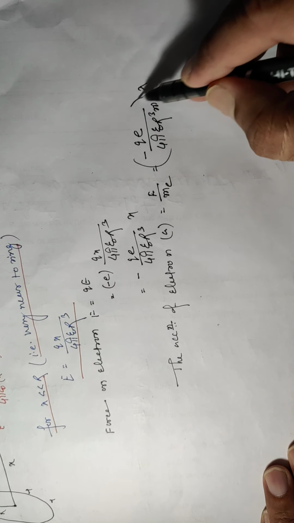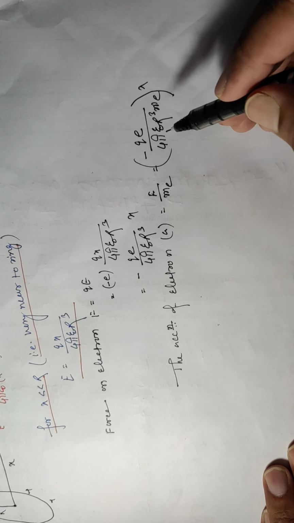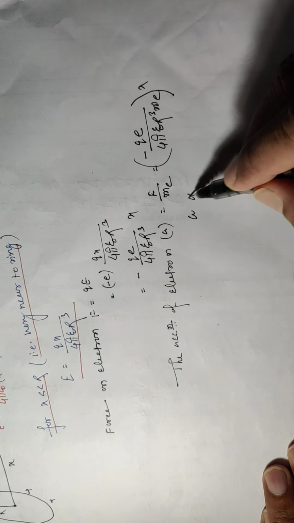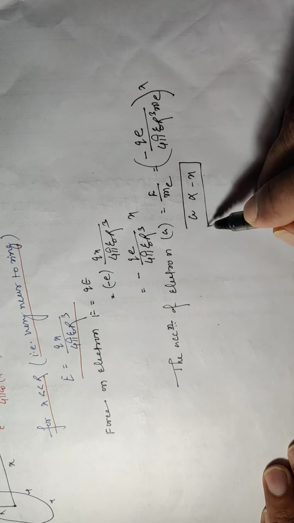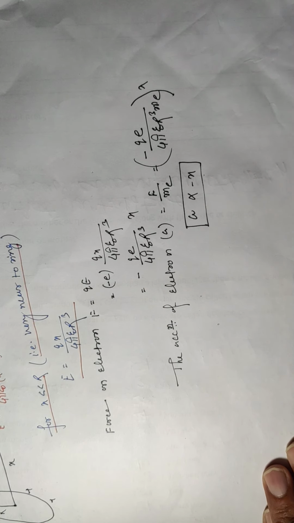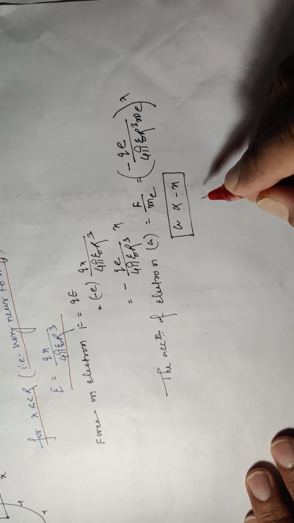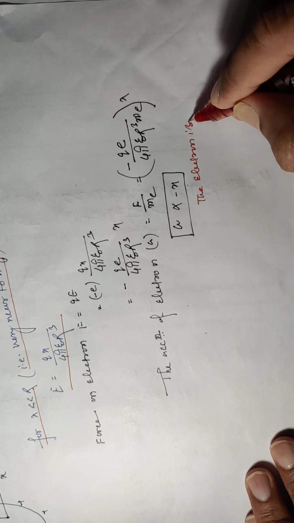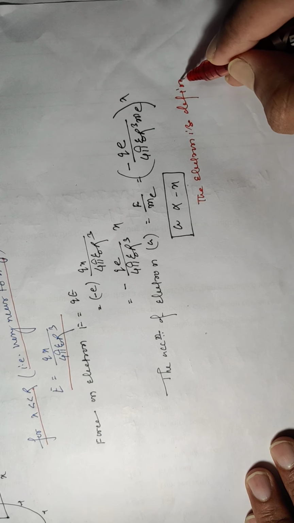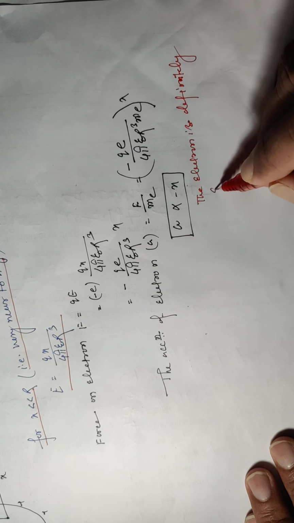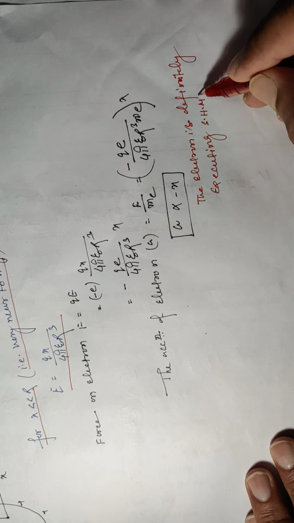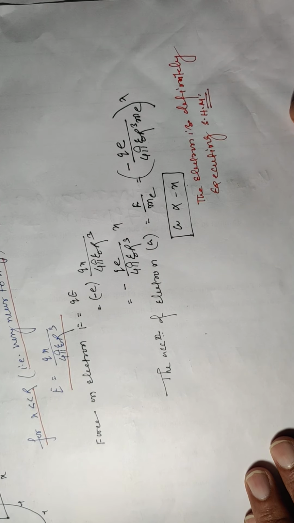If we consider this as constant, which it is as long as the setup is not changed, then acceleration is directly proportional to minus x. This is the characteristic equation of SHM. So the electron is definitely executing SHM, because its equation is similar to the characteristic equation of SHM.